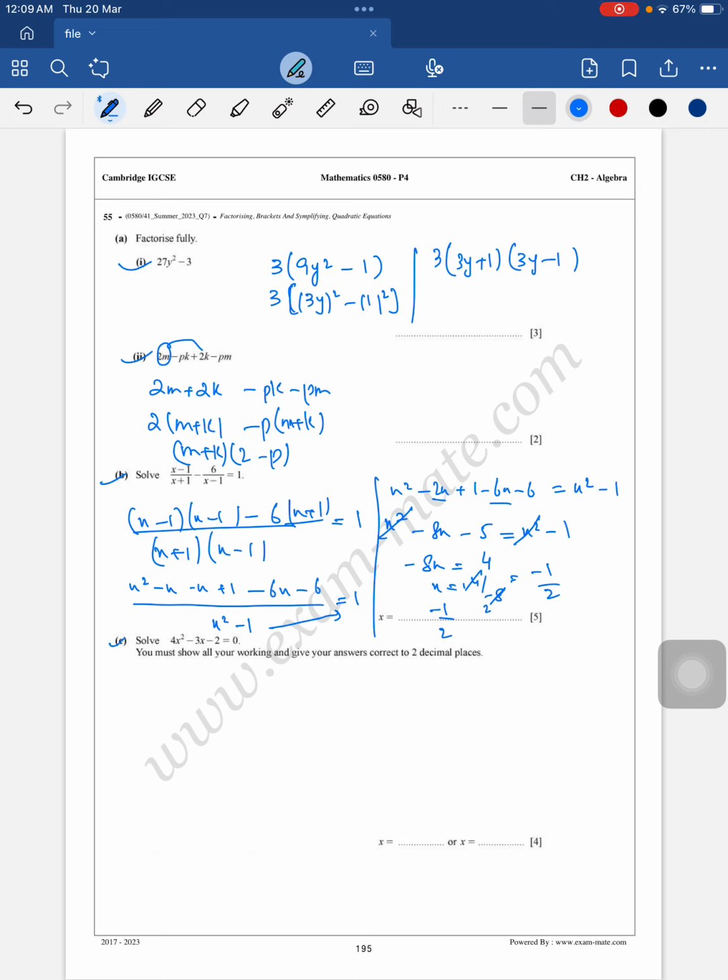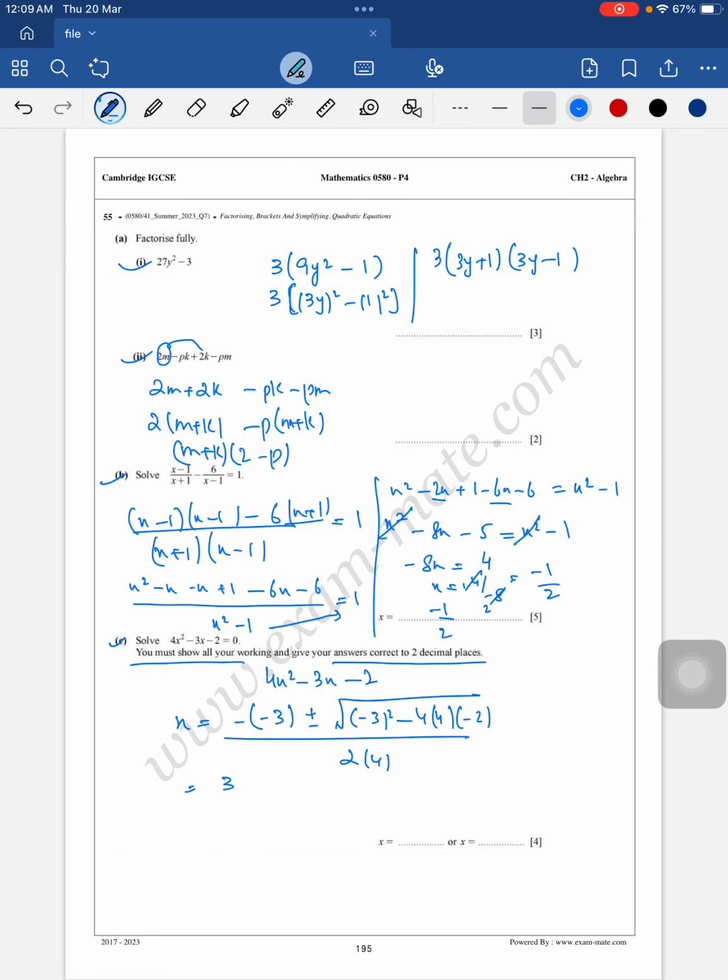Solve 4x square minus 3x minus 2. You must show all your working and give your answers correct to 2 decimal places. Okay, we can apply the quadratic formula over here, right? So x is equal to minus b, that is minus minus 3, plus minus root of b square, that is minus 3 square, minus 4 times a, which is 4, and c is minus 2, upon 2 times 4, right?